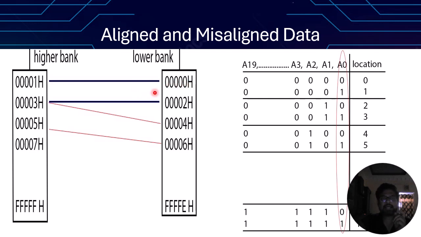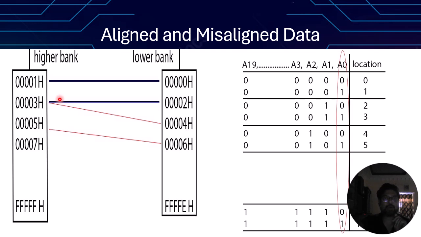Example, data stored at 0002H and 0003H is aligned data. In this case, one byte is in the lower bank and one byte is in the higher bank. Both banks are activated simultaneously. So the processor reads or writes the entire 16-bit data in one cycle.